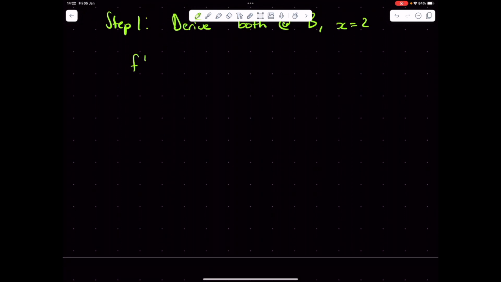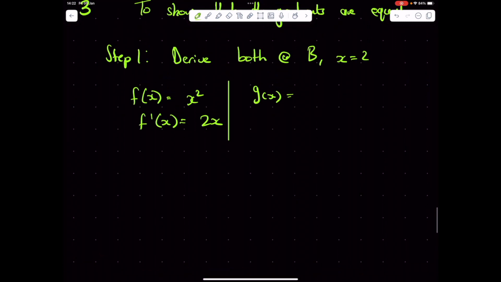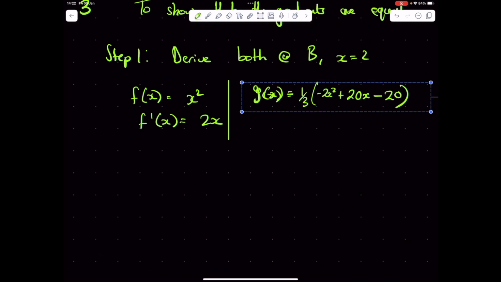F prime of x, let me not skip some steps. F of x is x squared, right? Then f prime of x would give you 2x. Now let's move over to g of x.